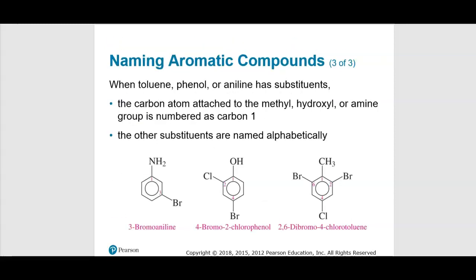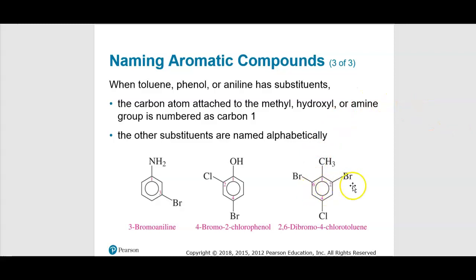Let's say in the case of this 2,6-dibromo, 4-chlorotoluene, what if that chloro wasn't there? What if it were just the 2 bromines flanking the methyl group? Well, it'd be 2,6-dibromotoluene, because the methyl group is the one carbon, it's a toluene. So it's not 1,3.